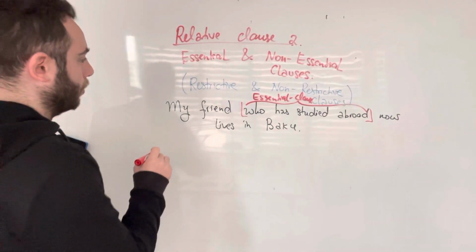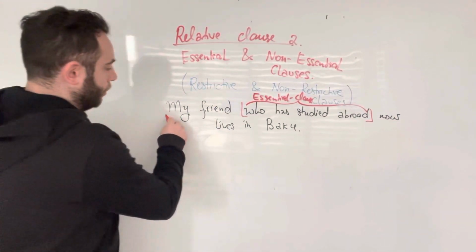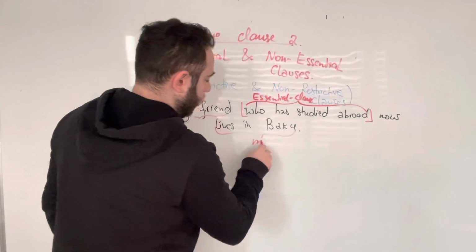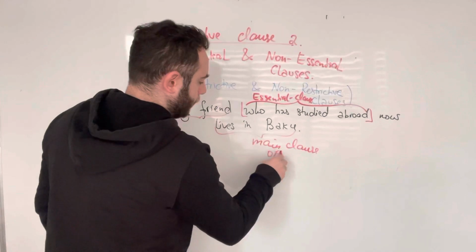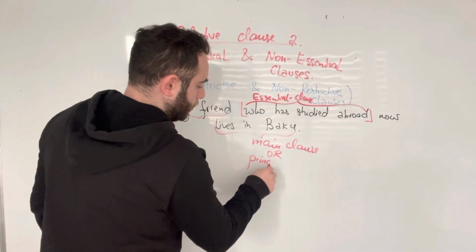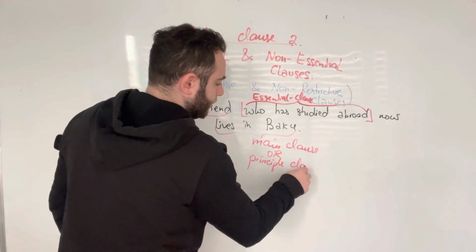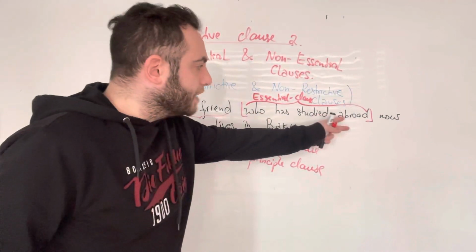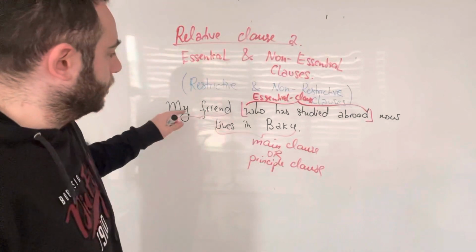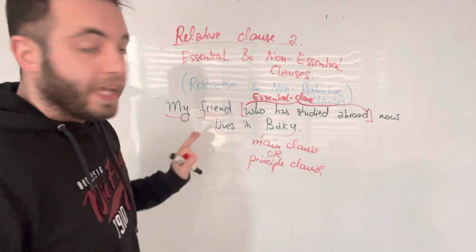And the rest, let's write here, main clause first, or principal clause. In this case, what we see here is as important as the rest of the sentence, or as important as the main clause.